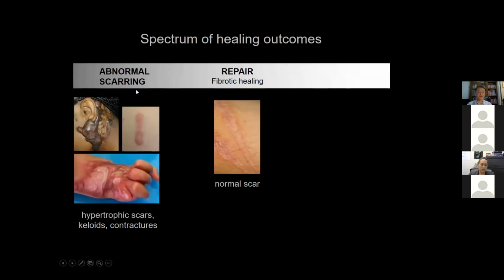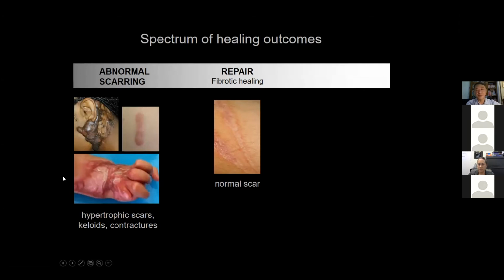This would include things like hypertrophic scars, keloids, or contractures, where you have either an excessive amount of scar tissue formation or severely abnormal scar formation.